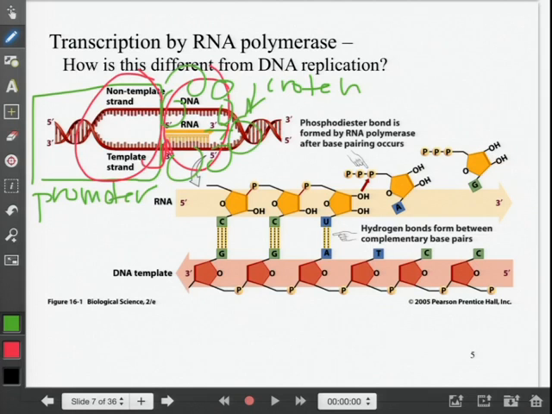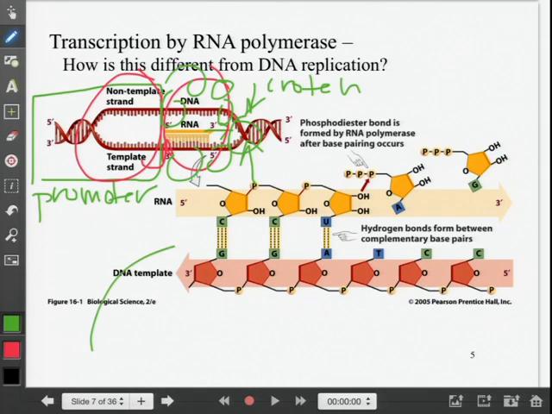Somebody's job is breaking the hydrogen bonds there, too. So we don't name it. Well, the one that breaks hydrogen bonds in replication is helicase. We just don't name it. It's part of the complex. That's nice and easy. We don't have to worry about it, okay? But somebody has to do it because it's not just spontaneous, right?